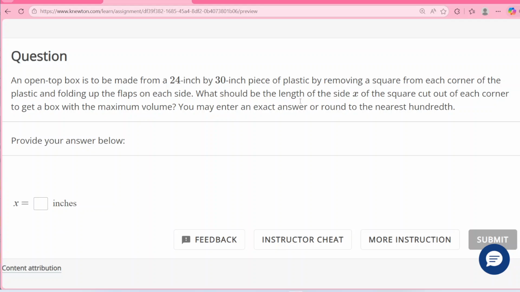What should the length of the side x of the square cutout of each corner be to get a box with maximum volume? And once again, you can enter an exact answer for x or a value rounded to the nearest hundredth.